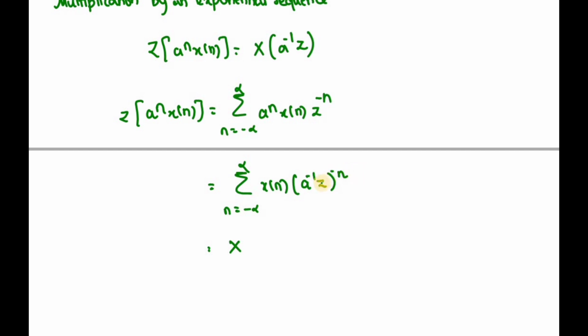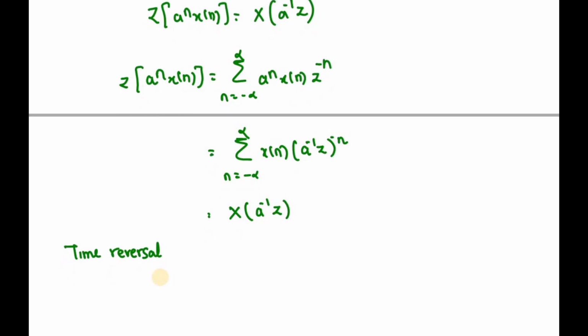So z power minus n I can write it as X of z. So here I can write it as X of a power minus 1 into z, right?